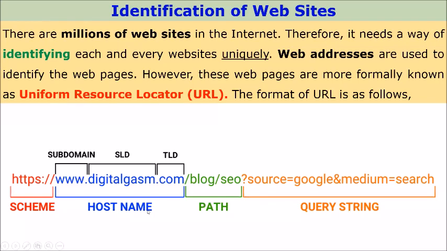This host name is divided into three sections: subdomain, second level domain, and top level domain. These three sections are separated by a dot operator. Then after that, in this green color, is the path, then after that the query string. These are the parts you want to remember in the URL, Uniform Resource Locator.